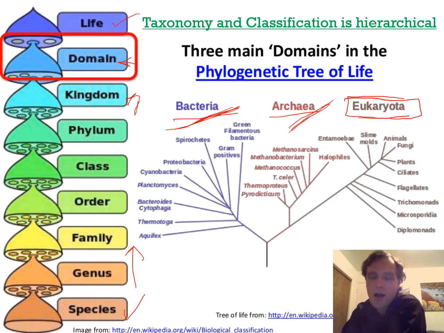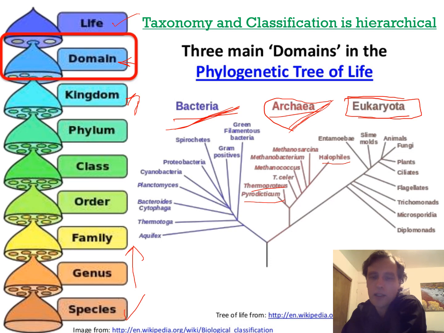For example, one group of archaeans here are called halophiles. That means they live in extremely salty environments. This one down here, Pyrodicticum. I'm not familiar with that one specifically. Pyro, though, I bet you anything, it lives in a really hot place. Thermoproteus definitely lives in a hot place. These things have been highly studied in the hot springs of Yellowstone.